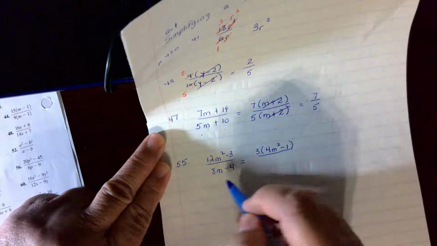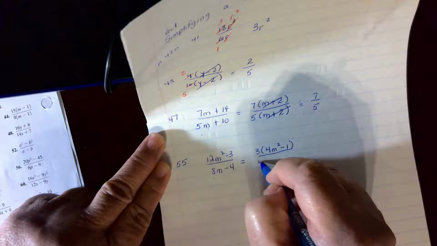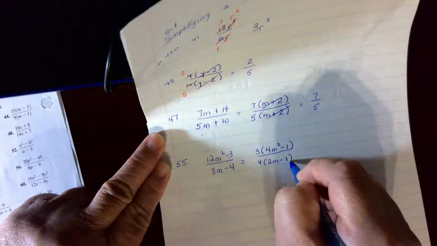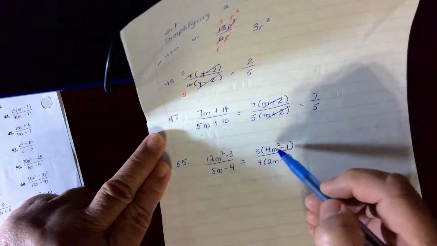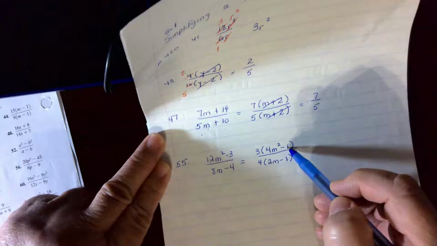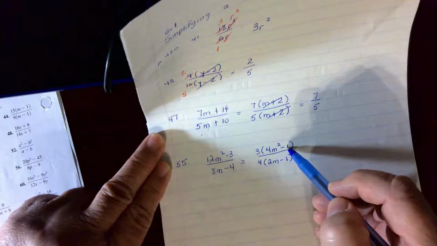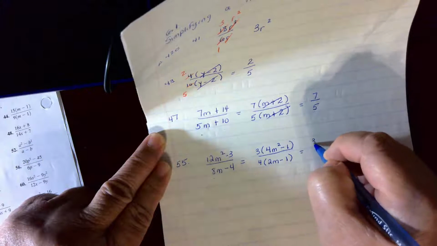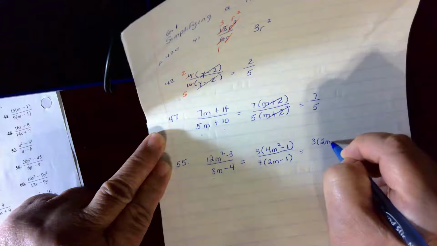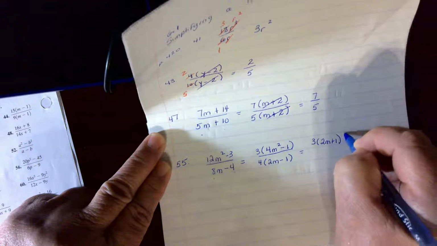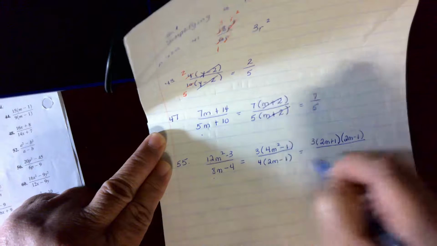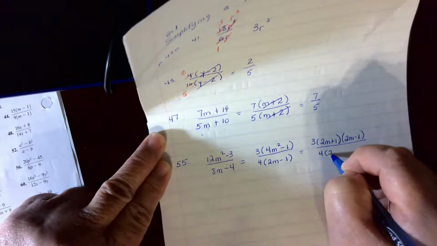And from the denominator, I can factor a common factor of 4. This is the difference of squares. It's a binomial with a minus, and they're both perfect squares. So that means I can factor some more. So I do the sum and the difference. Then I'm just going to copy the denominator.